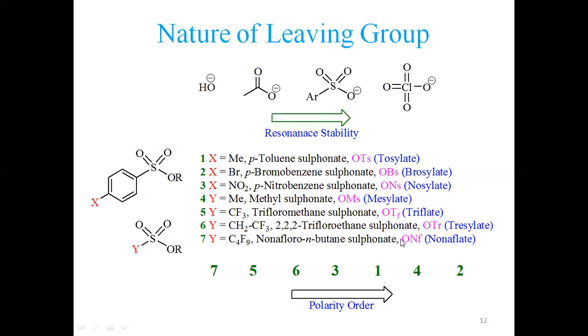Similarly, if it is nonafluoro, or tresylate, etc., we can synthesize a variety of them. So once we have an alcohol molecule, alcohol can be made a good leaving group by reacting with sulfonyl chlorides. It shall form sulfonates. A variety of sulfonates shall make it a good leaving group, in fact. So a bad leaving group can be converted into a good leaving group.